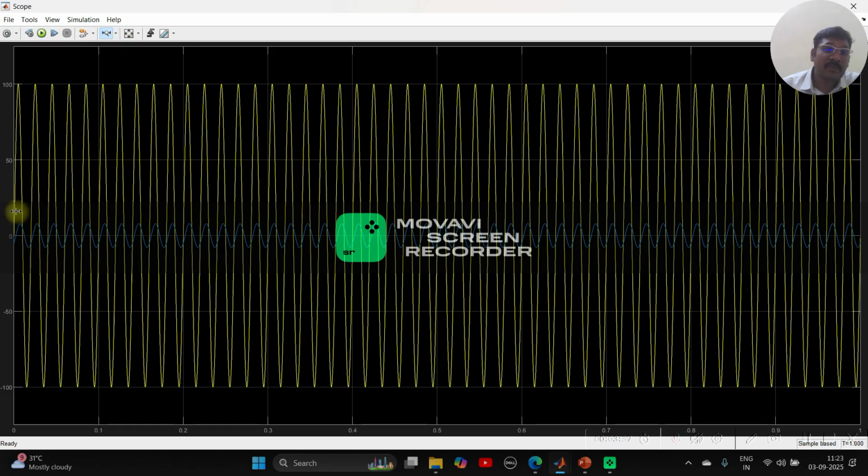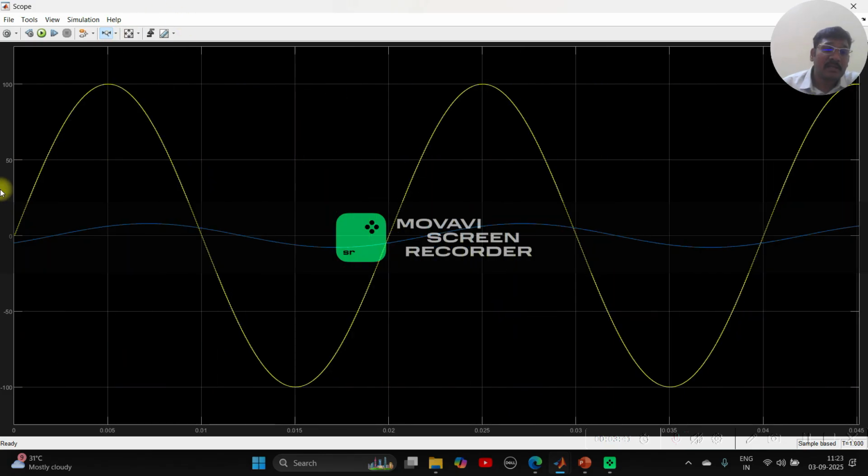Initially we can check the waveform, because you see here this is the 0th instant. Here the current lags the voltage by some angle, which is not exactly 90 degrees, since that depends on the value of the inductance connected in the circuit. Here you see this is the zero crossing of the current, so it is equivalent to 45 degrees.